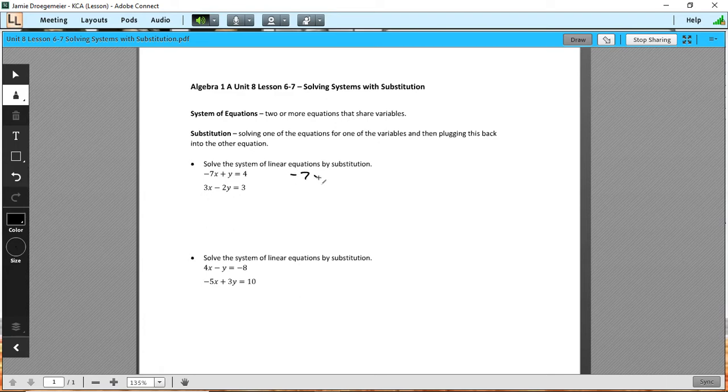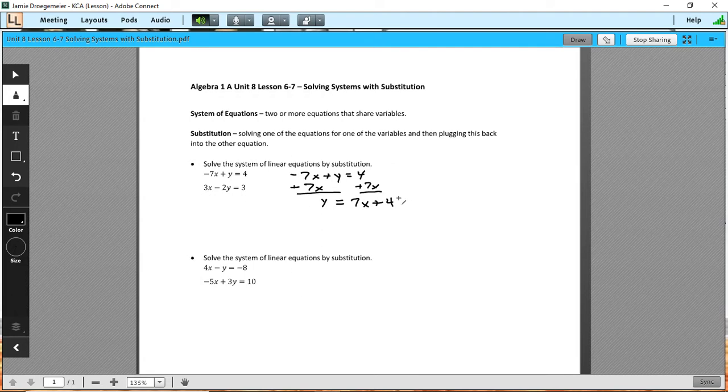If I have negative 7x plus y equals 4 and add 7x to each side, that zeroes out the x term and leaves just y. Here I would have 7x plus 4. So now I know that y equals 7x plus 4.